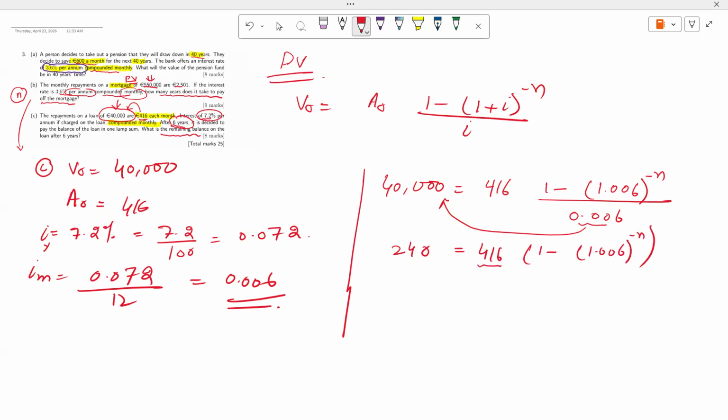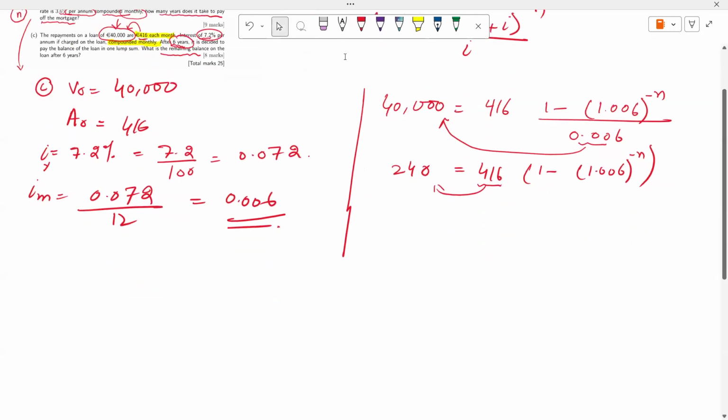Now 416 is getting multiplied on the right side. If I take it to the left, it will get divided. So if I divide 240 by 416, I would get 0.57692. How am I getting this? I'm dividing 240 by 416, right? So that's how I got it.